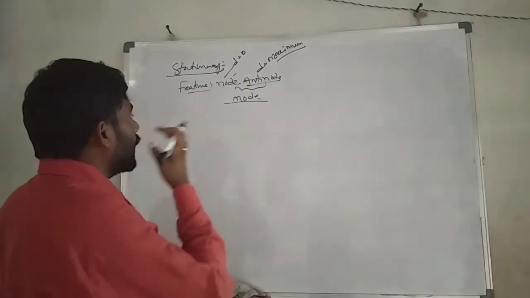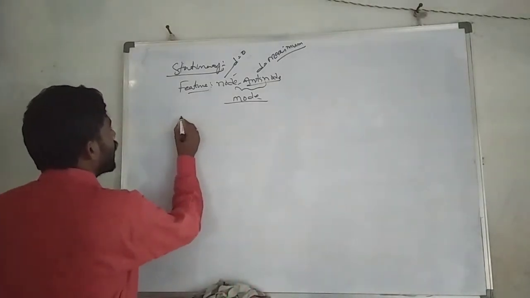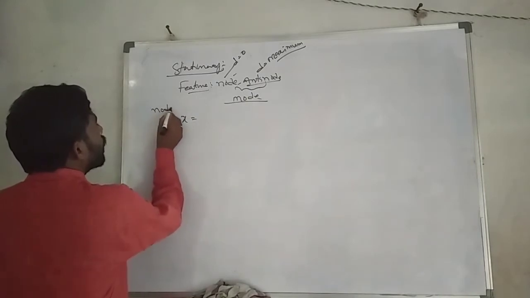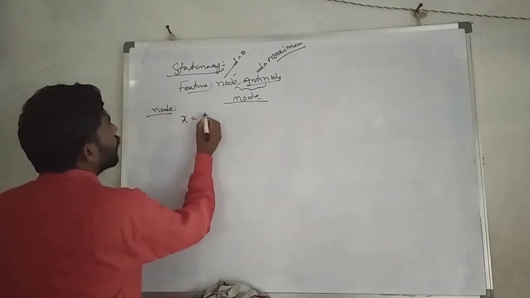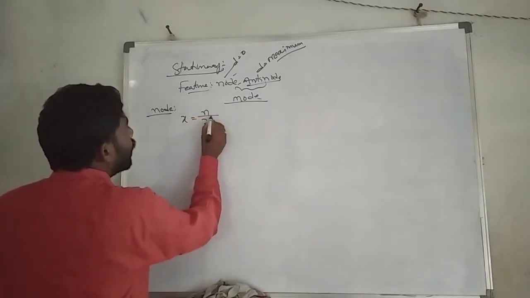In this case, we derive two equations for the displacement x. For the node, x equals n lambda by 2.